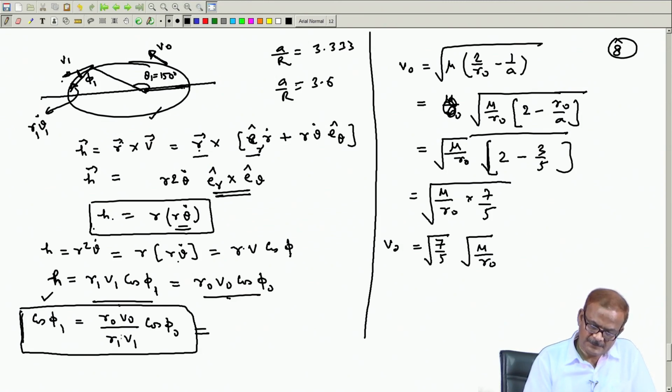So here in this place we insert the respective values that we have calculated.